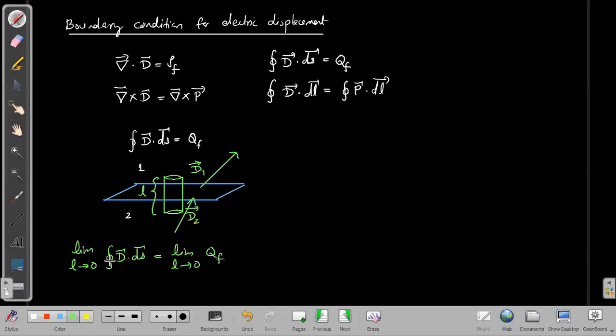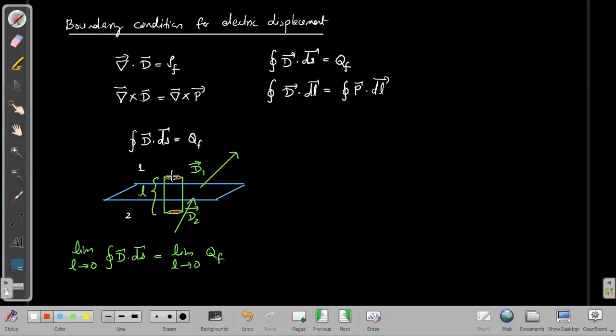When the limit L tends to 0, the surface integration over the curved surface we can neglect, because it would be negligibly small if L is very small. So we have basically two integrations: one over the upper surface, and the other over the lower surface.